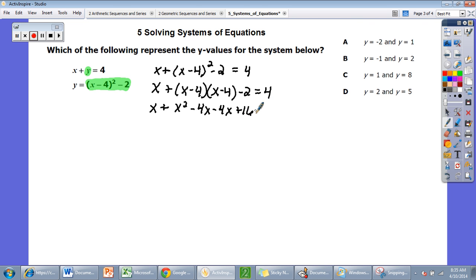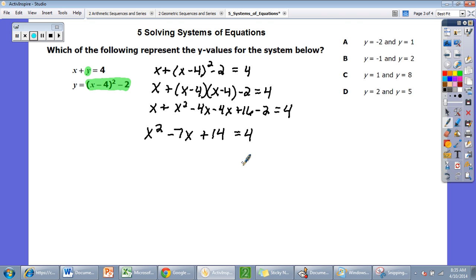Then I still have that minus 2 equals 4. So now on this side I want to combine my like terms. I'm going to write my x squared first. Now I have x minus 4x minus 4x, so that's a total of negative 7x, because negative 8x plus x is negative 7x. And then I have positive 16 minus 2 gives me a positive 14 equals 4.